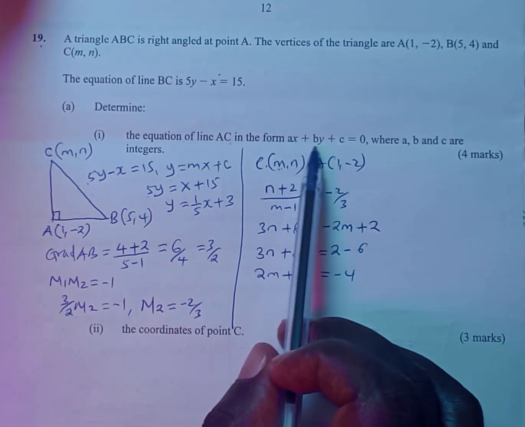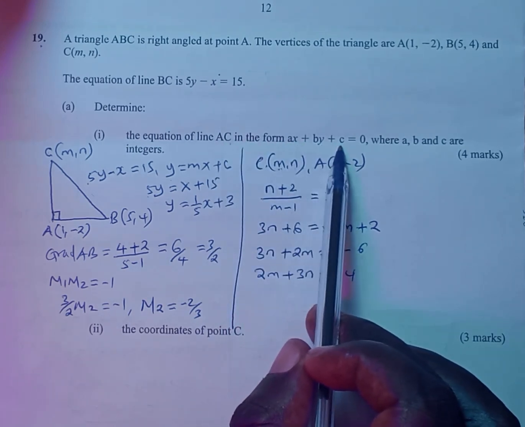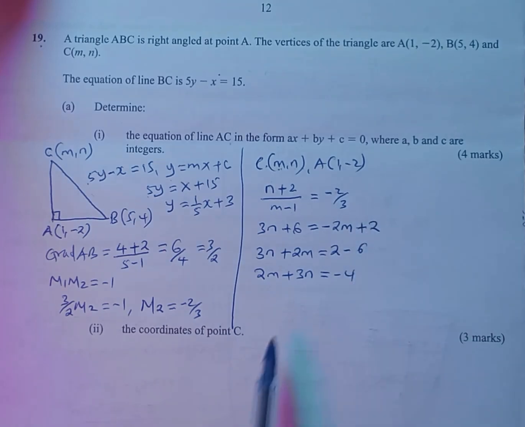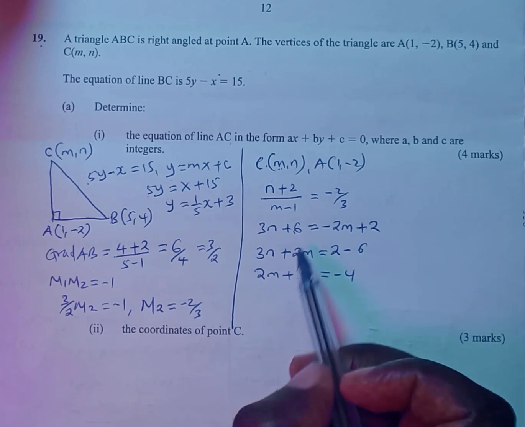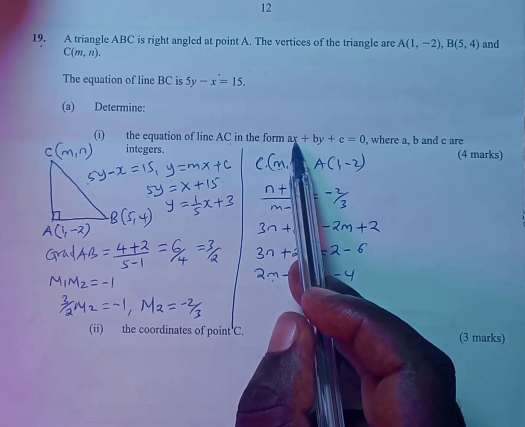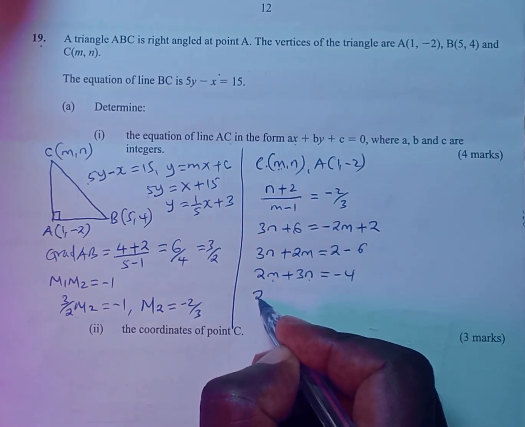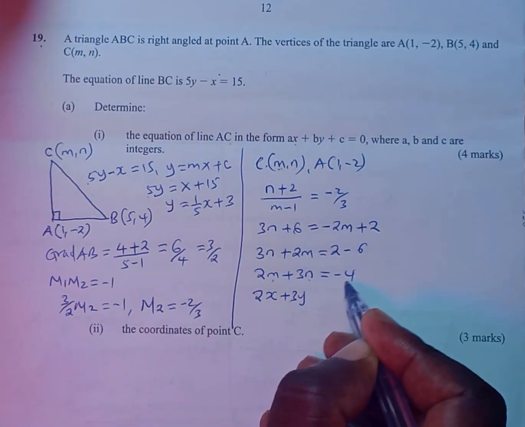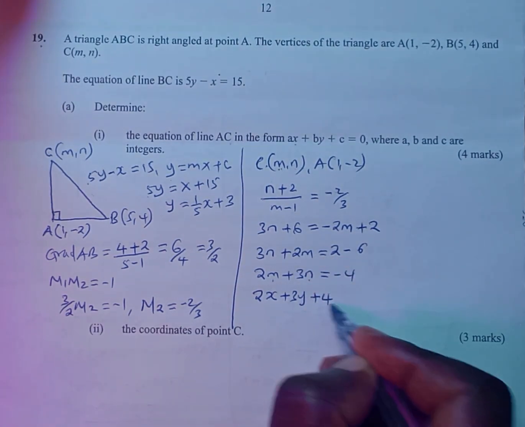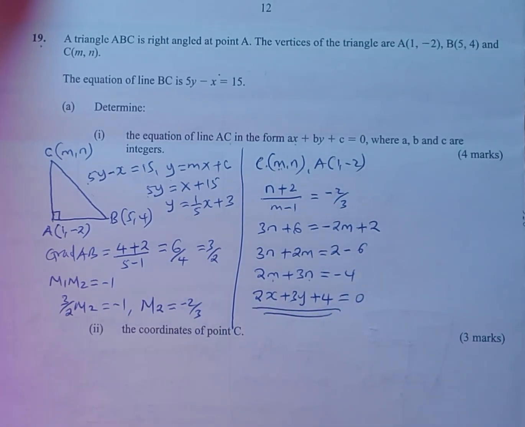Remember, we are supposed to present our equation of AC in form of ax plus by plus c is equal to 0, and therefore we are going to assume that m stands for x, n stands for y, and therefore we are going to have 2x plus 3y. We move this to the other side, it becomes positive, and this we equate to 0, and that becomes the equation of line AC.